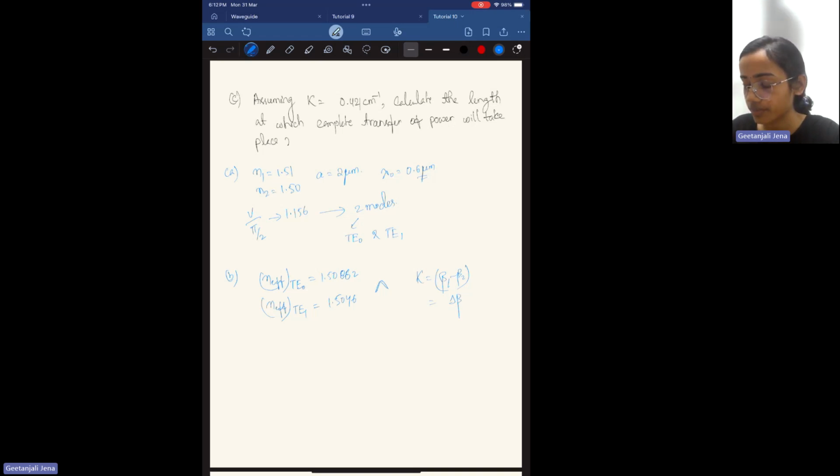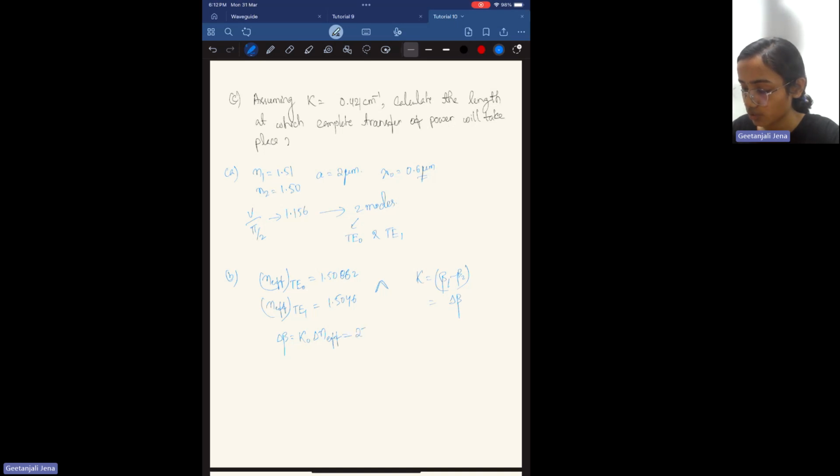The effective refractive indices are already given, so we can easily calculate delta beta, because delta beta is nothing but k0 times delta n effective.